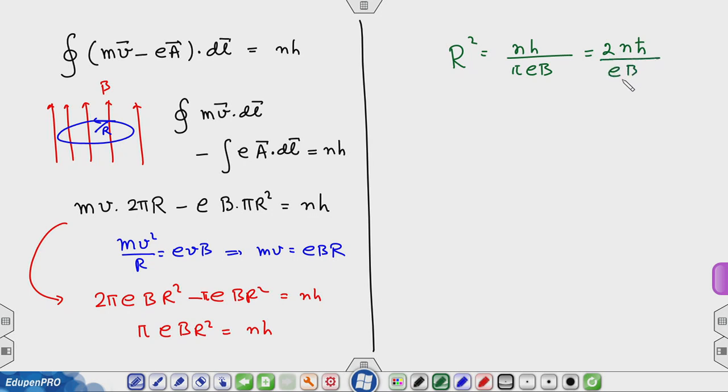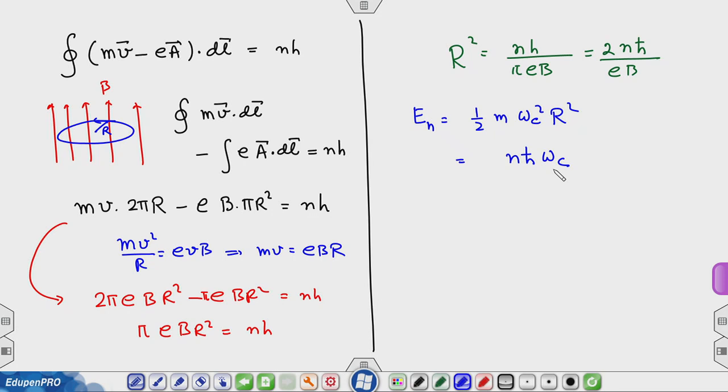So, the radii are quantized as square root of n, and the energy of the particle E n is going to be 1/2 m omega c square r square. You substitute this and you get this to be equal to n h cross omega c.